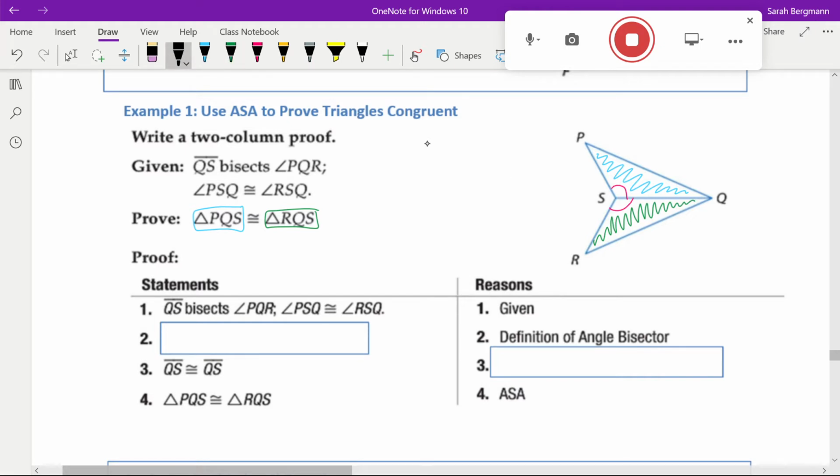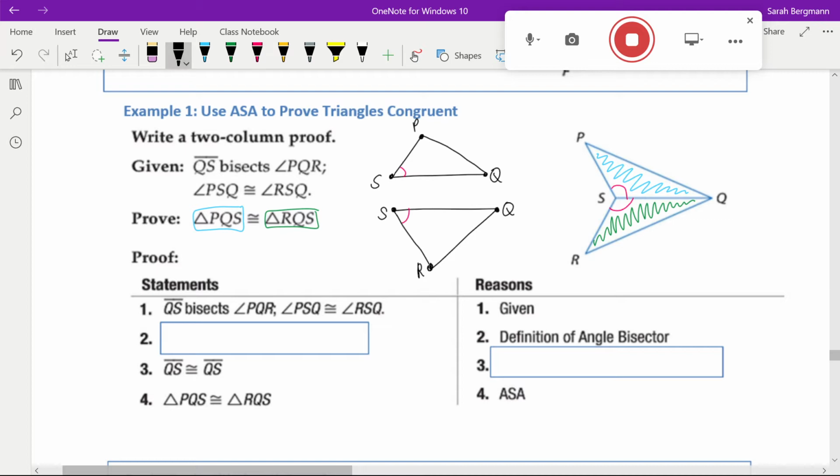Since these two triangles are touching, it may be helpful to redraw it so that they're separate. It doesn't have to be a perfect drawing. Mine's clearly not. And obviously we'll want to label what we have been given.